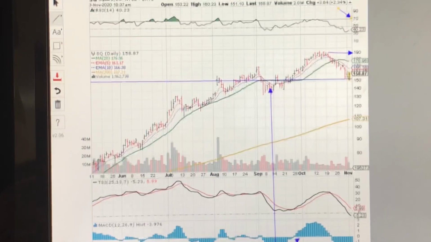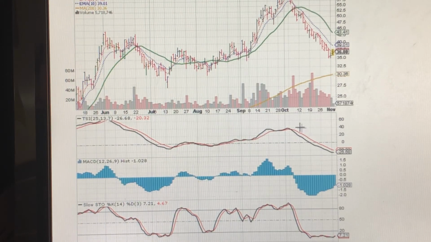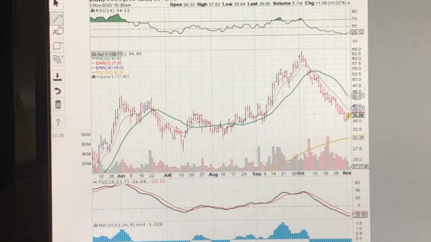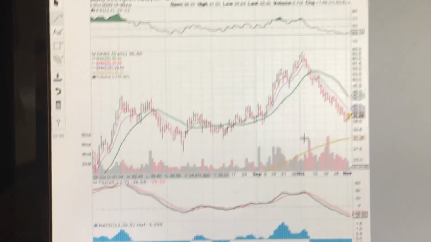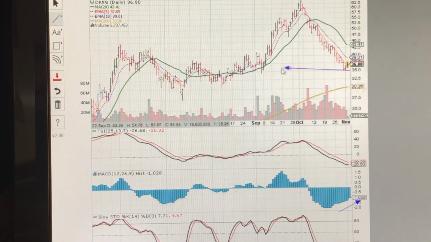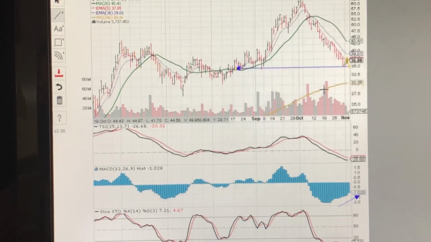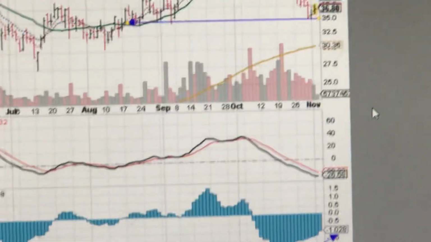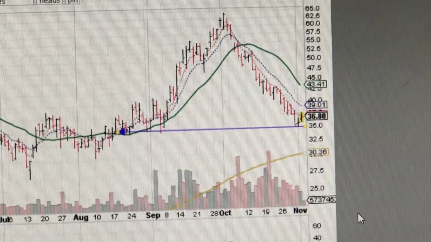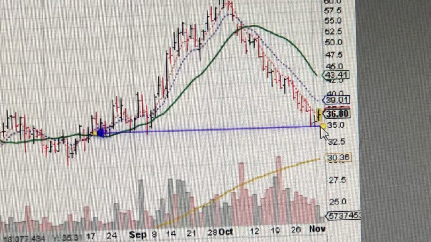What about DraftKings? Where's that? Now this one's been tricky because the histogram keeps coming in, but what's not happening? Even though the histogram is doing its thing, there's no box. Remember I mentioned closing over the 5-day moving average? It has not once done that down this whole thing. Today could be the day.